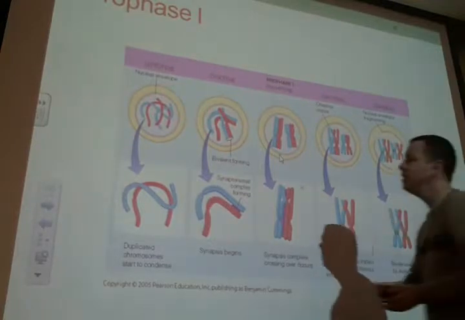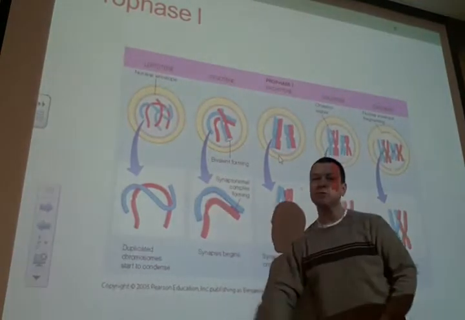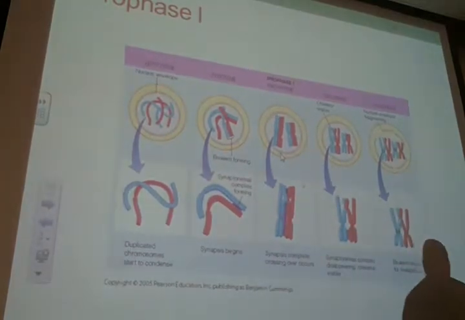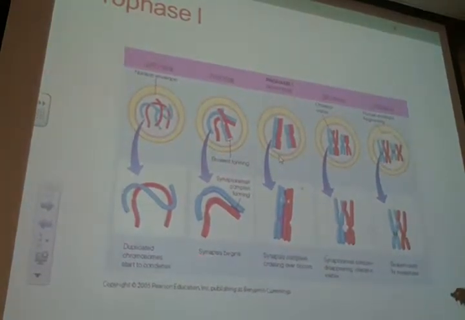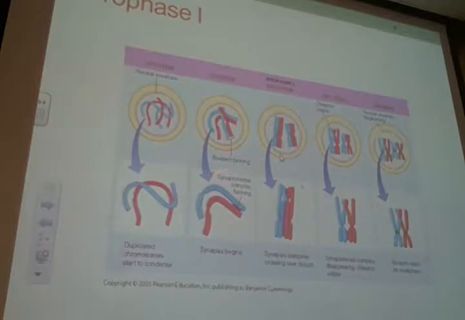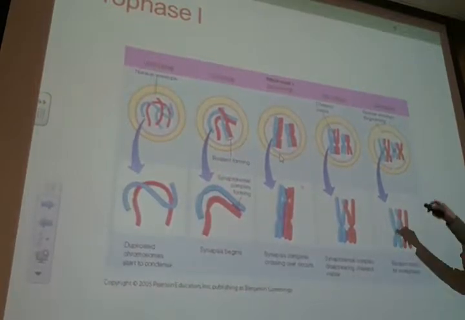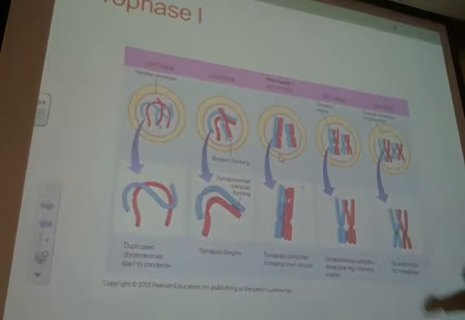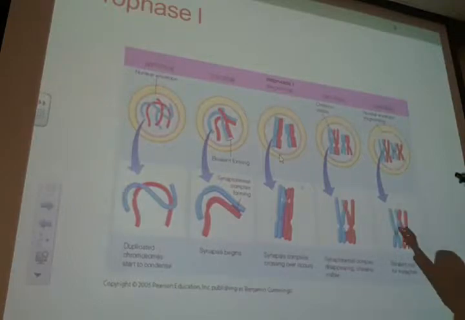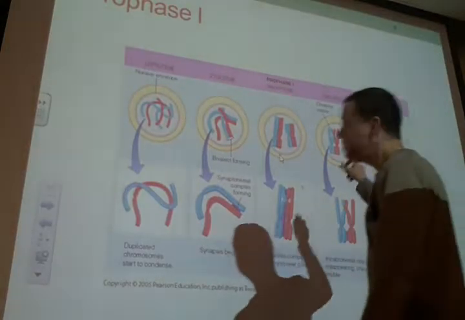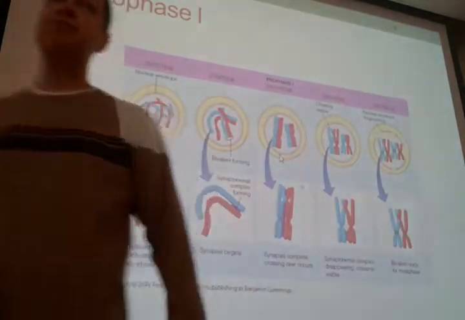Same idea here, but we're bringing homologous chromosomes together. So that synapsis is brought about by this protein system called the synaptonemal complex, and that's happening during zygotene. The actual crossing over process takes place during the next stage, called pachytene.